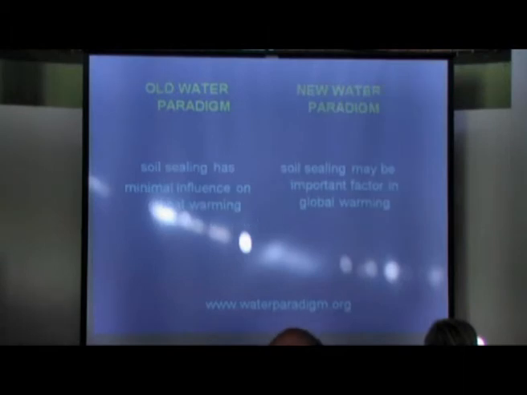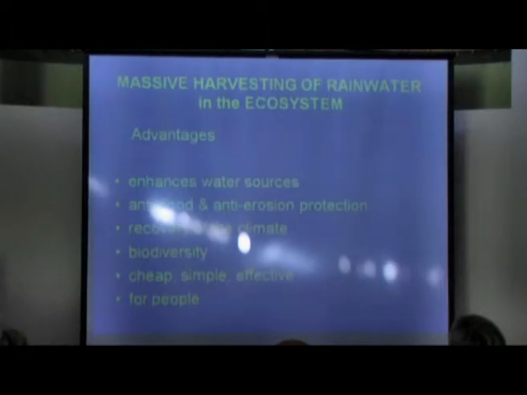Another point that is important to understand: soil sealing has minimal influence on global warming? No. Soil sealing has an extremely important impact on global warming. What does massive harvesting of rainwater mean? We calculated on the Slovak case, where we are creating a system for rainwater management, that annually 250 million tons of water are lost from the Slovak landscape, which transformed to an energy system is 175,000 gigawatt hours.